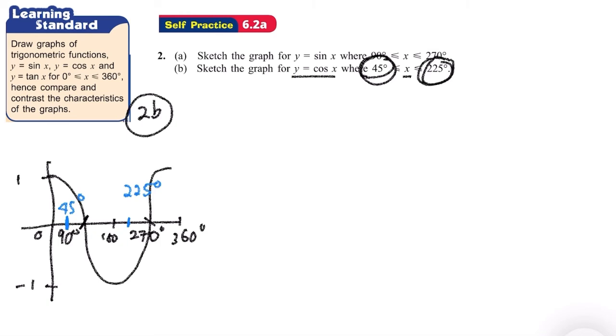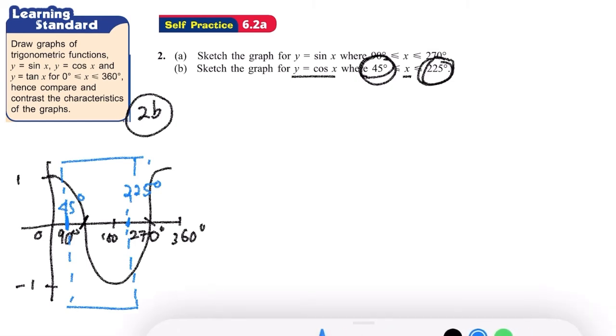Meaning that we are going to draw our graph from this point until this point only, this region only, but it starts from 45 degree.